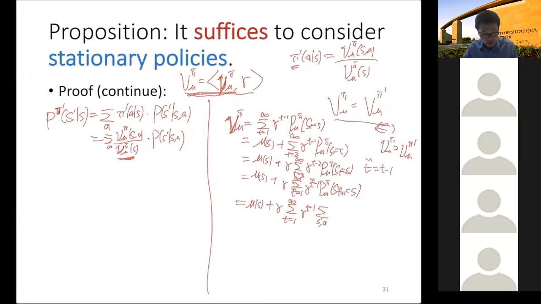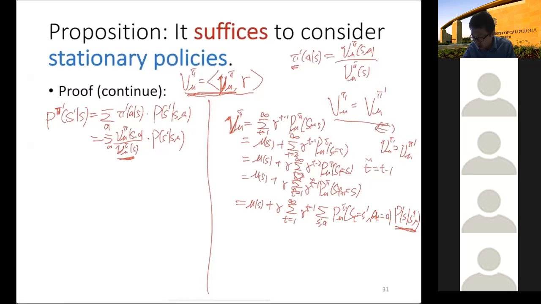By applying the law of total expectation, or law of total probability, I can rewrite this as p mu pi of s_t equals s prime, a_t equals a, and p of s given s prime, a.